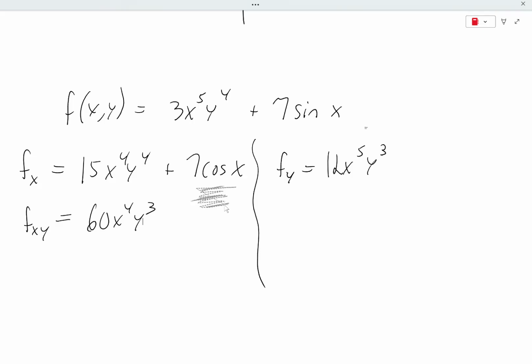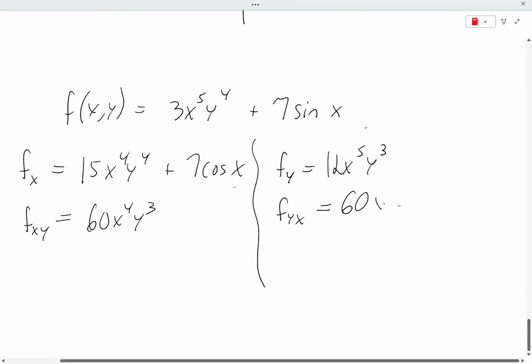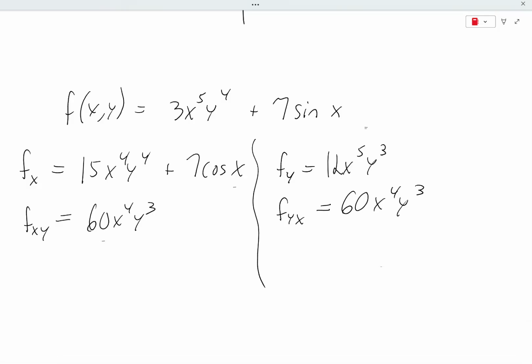And then on this one, if I take the partial of this with respect to x, so f sub yx, this is 60x to the fourth y cubed. Again, just the observation, these match, right? The second derivatives match. The mixed partials there. Okay. Anyway, anything on that? Partial derivatives?